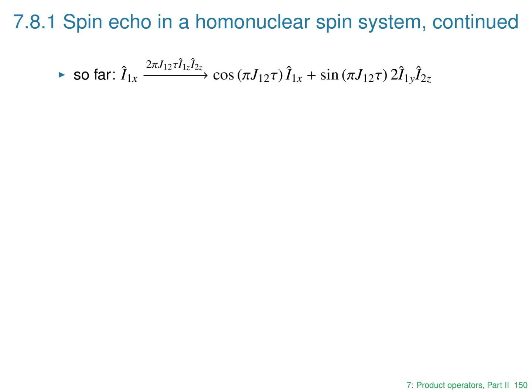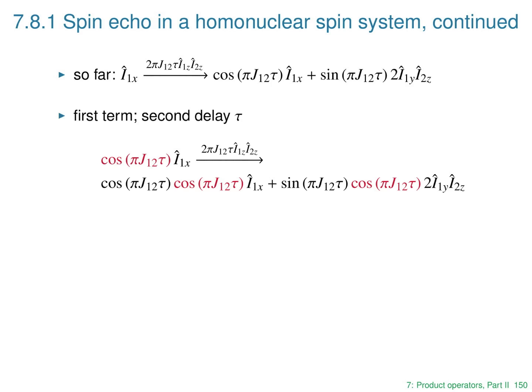And we have to do each term, remember, so we've got to do the term in I1x, and then we've got to do the term in 2I1y, I2z. So let's do the I1x term first of all, and it's the same as the things we were doing before. You have to remember that this cos pi j tau term, shown in red, that's just a harmless factor which you carry forward in the calculation.